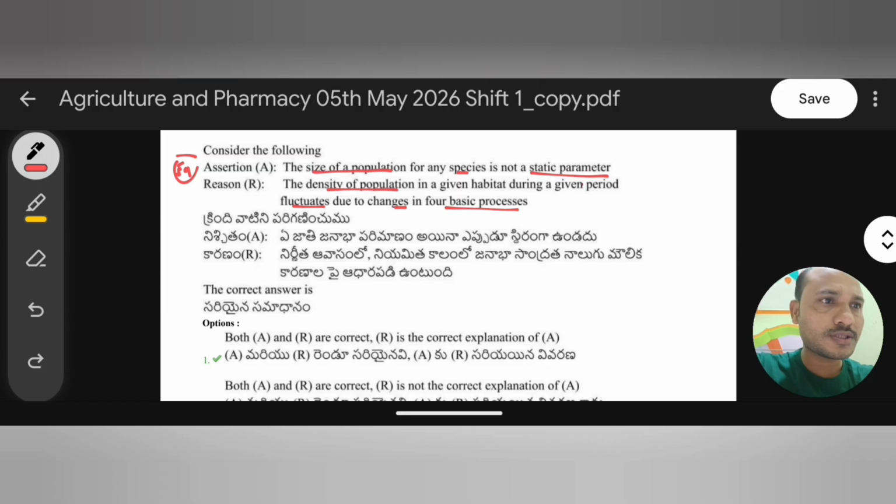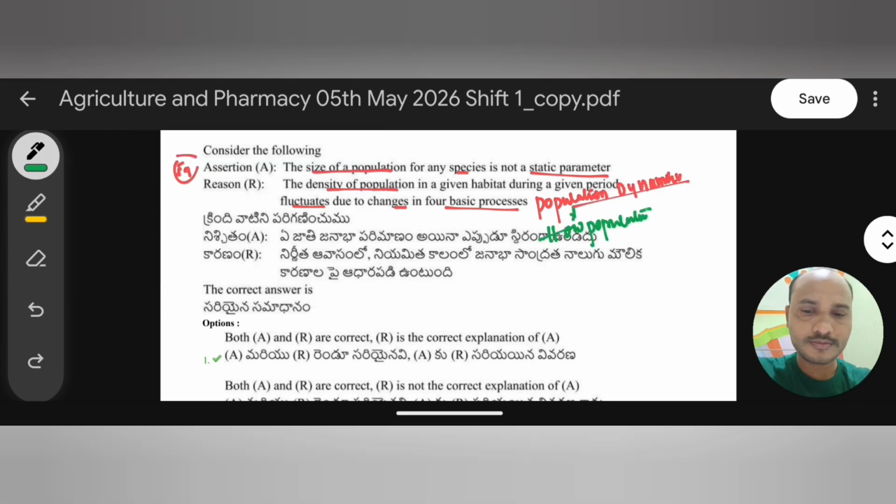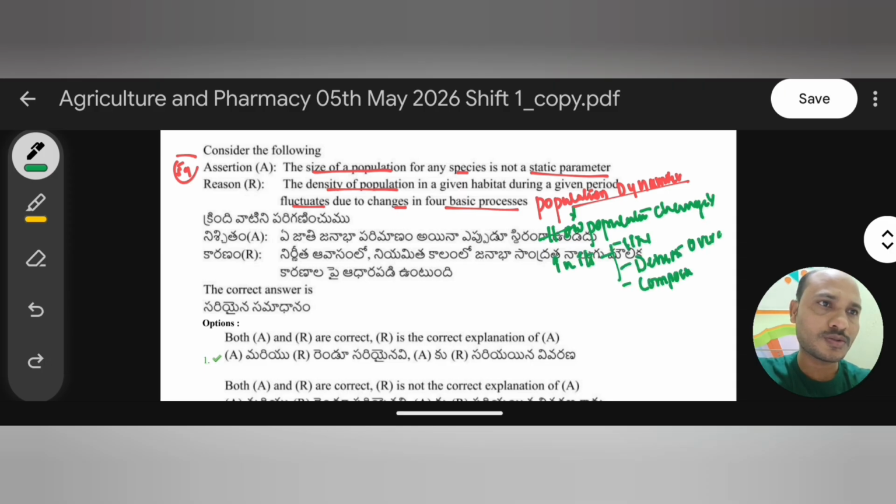So, this question is from ecology, in which population dynamics refers to how a population changes in its size, density and composition over a period of time.